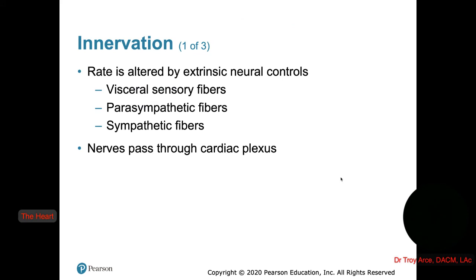And the rate is altered by extrinsic neural controls of visceral sensory fibers, parasympathetic fibers, and sympathetic fibers. As we discussed before, your body's in constant flux between parasympathetic and sympathetic depending on your activity, what you're experiencing, your emotions, and what's going on.